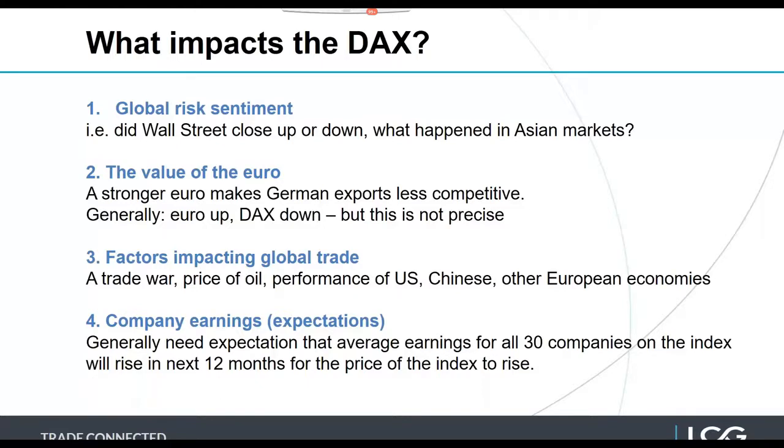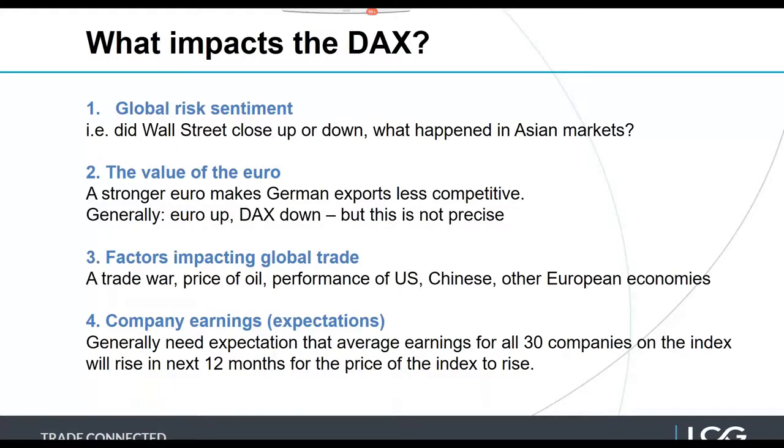So generally speaking, if the euro goes up, DAX down, it's obviously not quite as black and white as that. If the euro's up or down a couple of points, it's not really going to be here or there in terms of the effect on the DAX. If there's something dramatic happening and the euro jumps up 1 or 2%, the DAX is going to struggle.